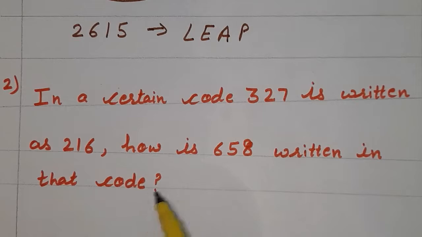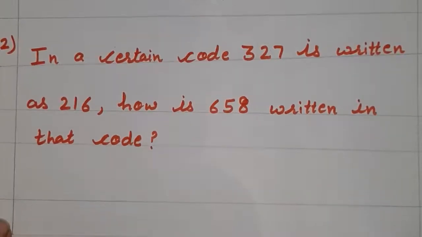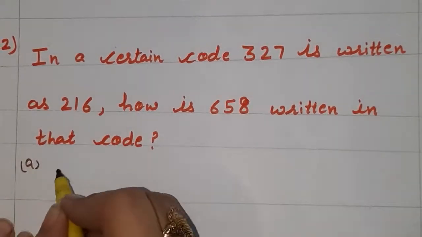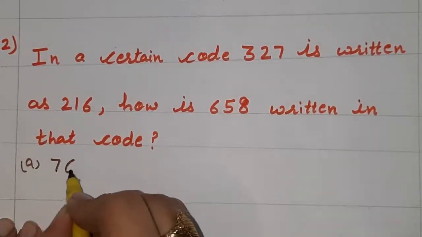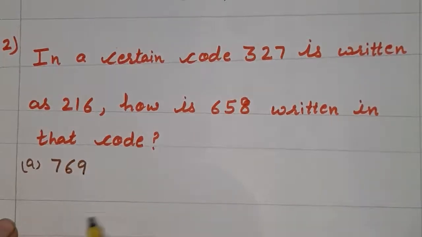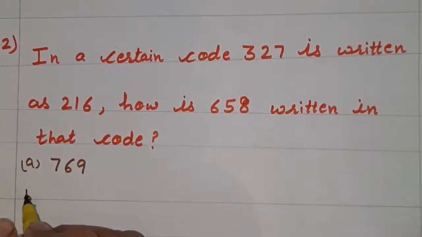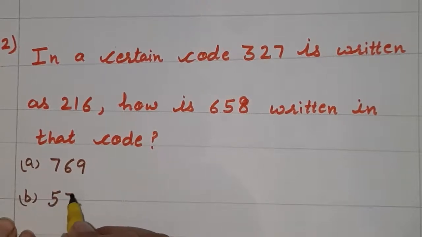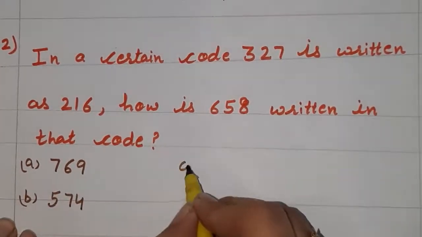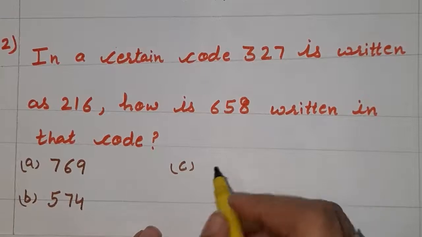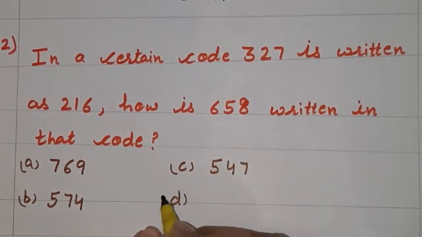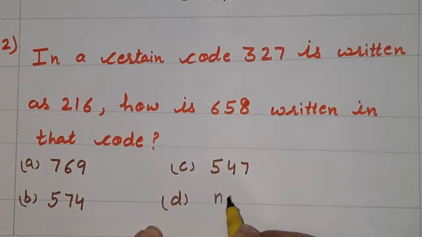So 658 can be written as, we have to tell this. And the options given to us are: A is 769. Option B is 574. Option C is 547. And option D is none of these.